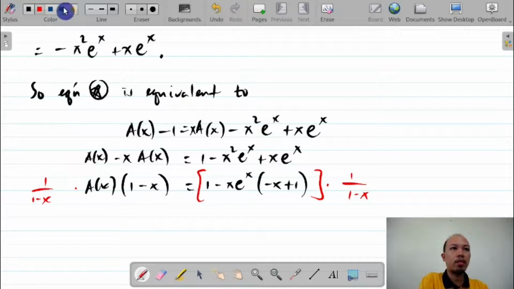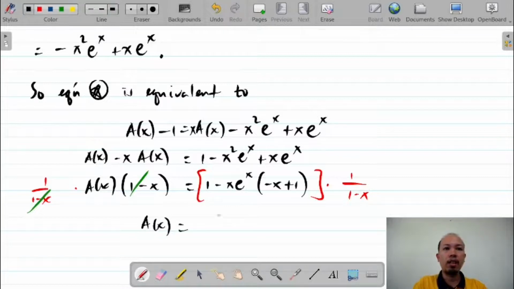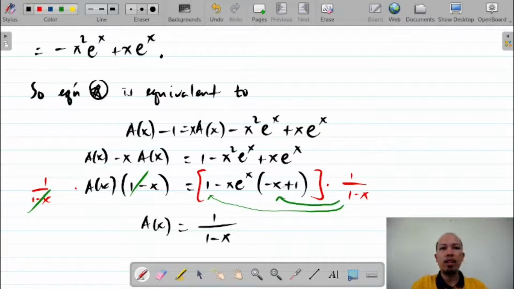So we can cancel out this one here, and what remains on the left side is a of x, and the first term is 1 over 1 minus x. You can distribute this one here, and also this one here. Notice that negative x plus 1 is the same as 1 minus x.